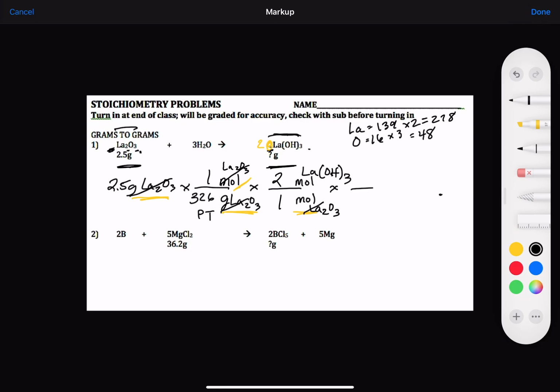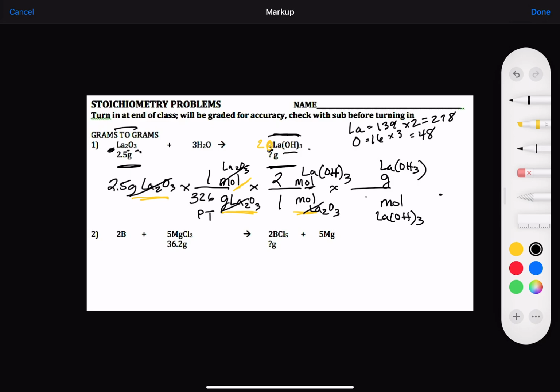So the last step, and this is the longest step problem. I should have done an easier one first, but this happens to be number 1. So the last step is going from moles of lanthanum hydroxide to grams of lanthanum hydroxide. So since you have moles up here, moles go on the bottom. And then grams of lanthanum hydroxide goes on top here.